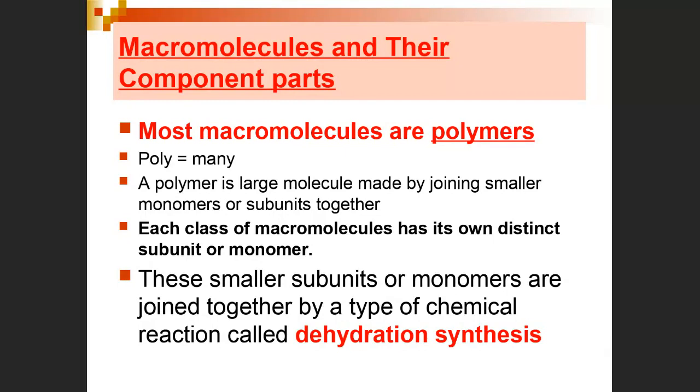Like if you think of a Lego tower made of smaller little Lego pieces, which makes the big tower. Same thing here. These are polymers. They have small pieces that make up the large molecule. And for the most part, each type of macromolecule has a specific polymer, a specific piece that makes them up.